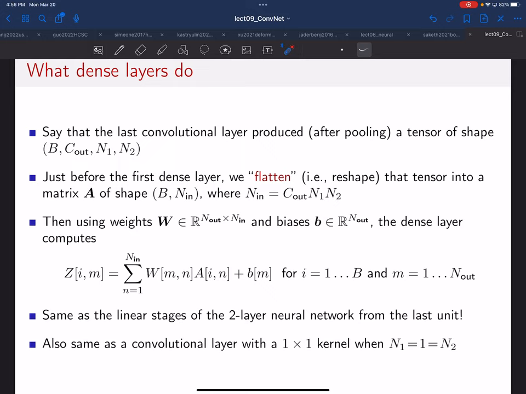So basically as you're going through your network, this tensor changes from a degree 4 tensor to a degree 2 tensor at the stage where your network transitions from convolutional layers to dense layers. Okay. So it's just exactly like we saw in the last unit. Flattening is that reshaping operation.